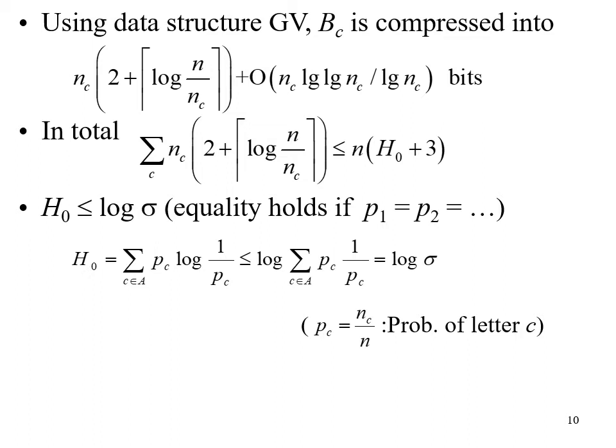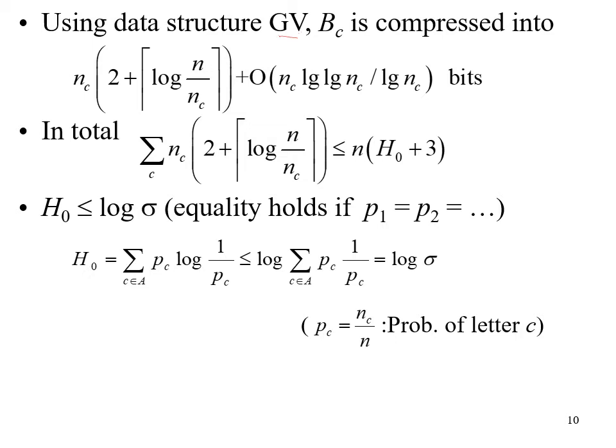And the bit vector B sub C is of length n, but because it's a sparse vector, we can compress it by using the data structure GV for compressing a bit vector.